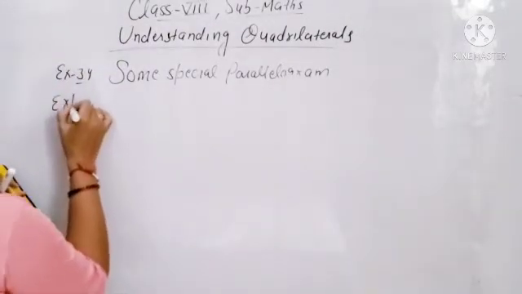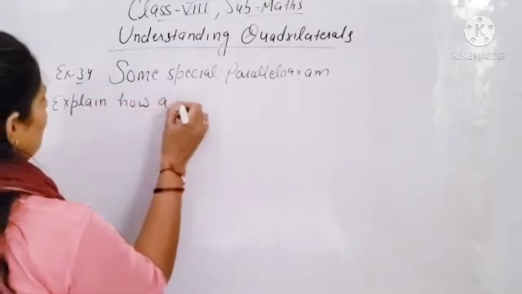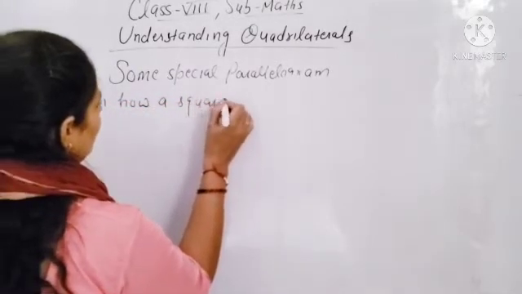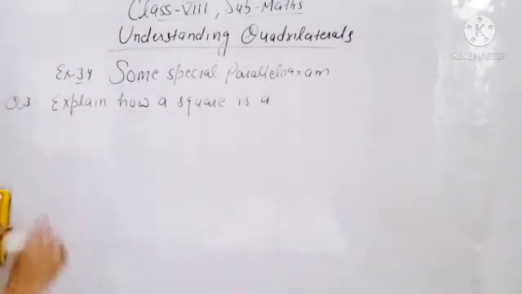Explain how a square is a... question number 3. Okay, explain how a square is a quadrilateral, parallelogram, rhombus and rectangle.